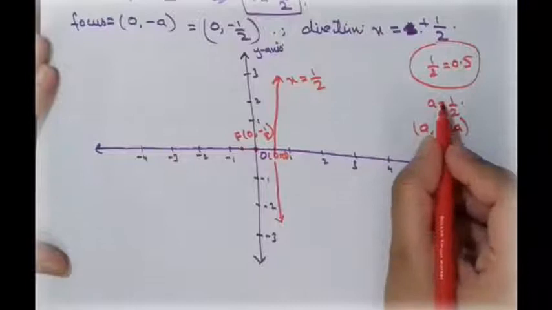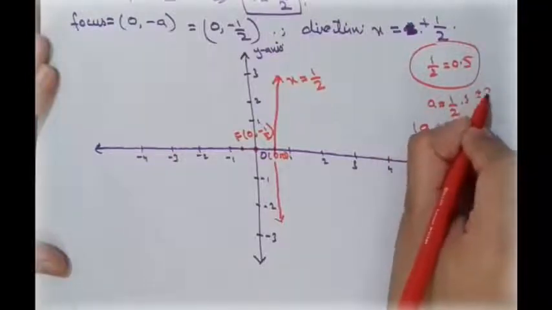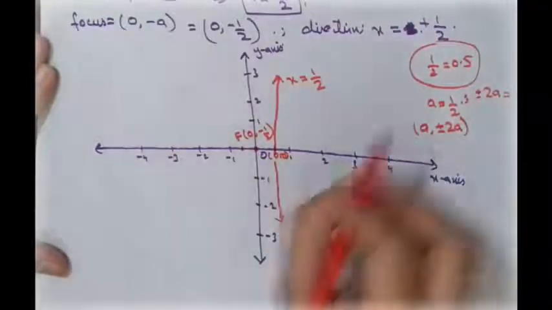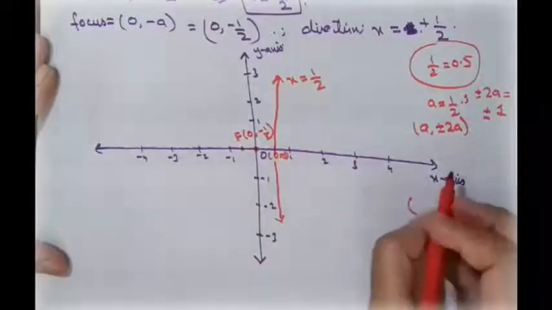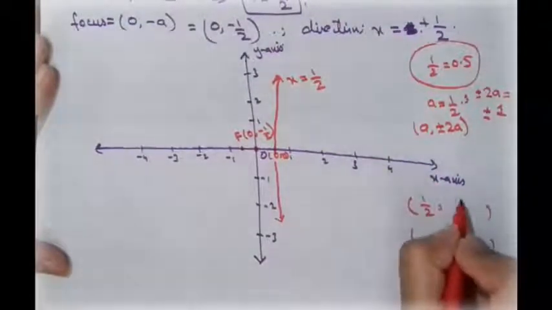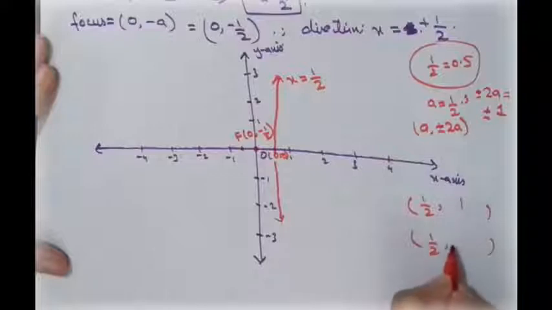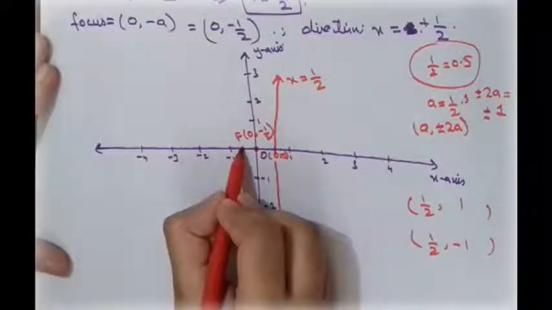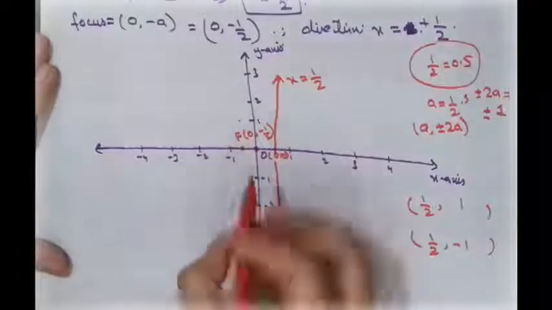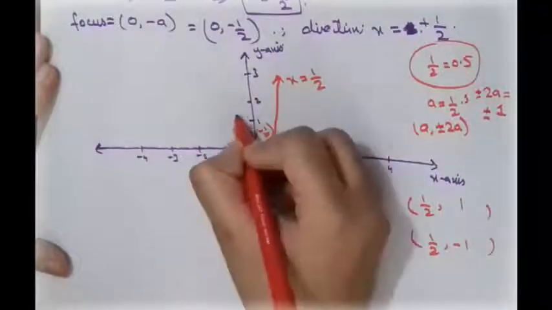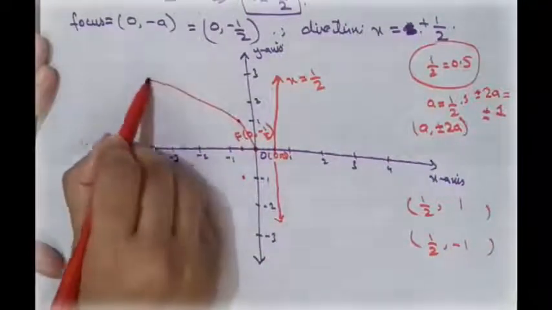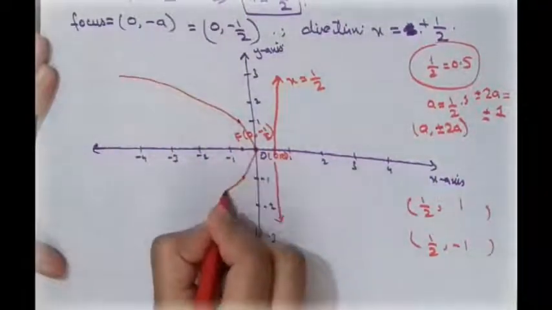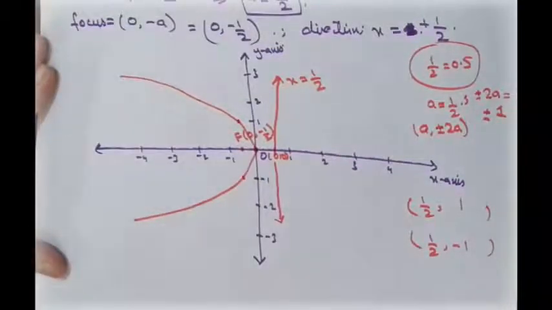If a is this, then plus minus 2a equals 1, meaning plus minus 1. So we will get 2 points. The first is 1 divided by 2 and 1, and the other is 1 divided by 2 and minus 1. Here is a point, and here is a point. So if I draw it this way, this is a parabola.